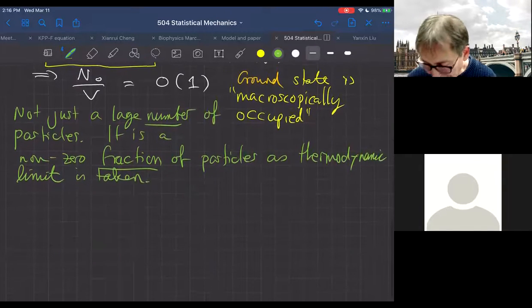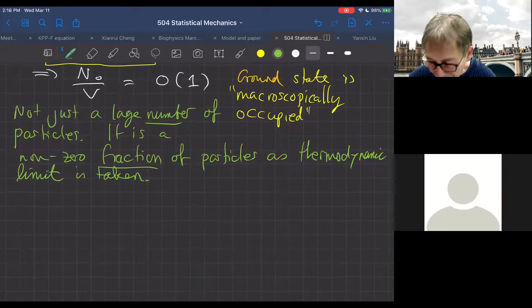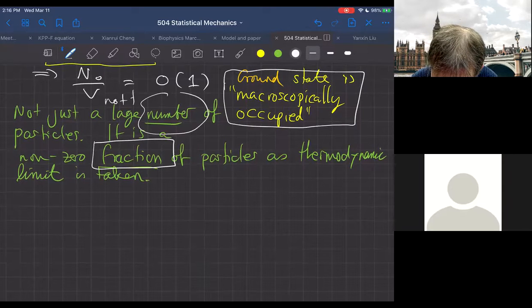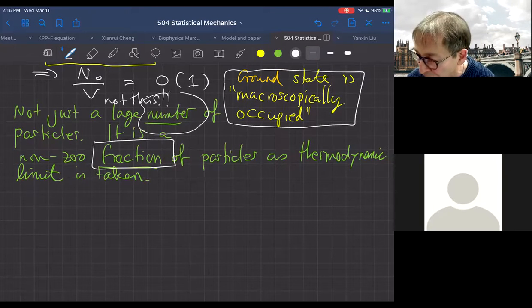This difference between number and scaling is the important aspect of macroscopic occupation. Macroscopic occupation corresponds to the fraction and not the number. People often confuse those two. Okay, so that's the idea of macroscopic occupation.